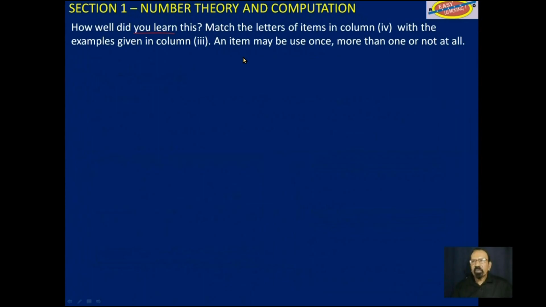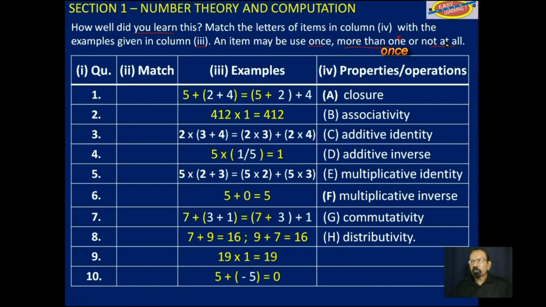So how well did you learn this? Match the letters of the items in column 4 with the examples given in column 3. An item may be used once, more than once, or not at all. This is a table. You have questions 1, 2, 3, and so on, and you have to put your answer in this column.